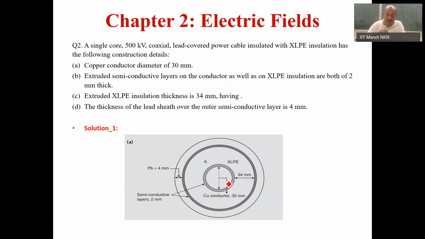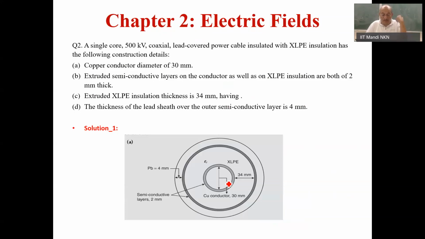The two semiconductive layers are shown here in dark circles, and then comes the 34 millimeter thickness of the XLPE, and on the topmost layer is the lead sheath of 4 millimeter thick.